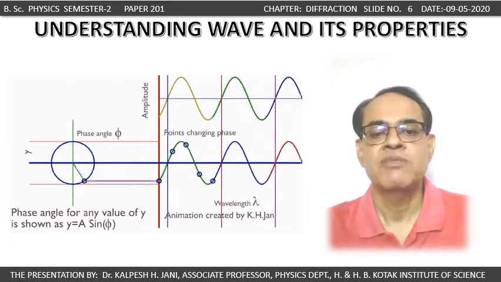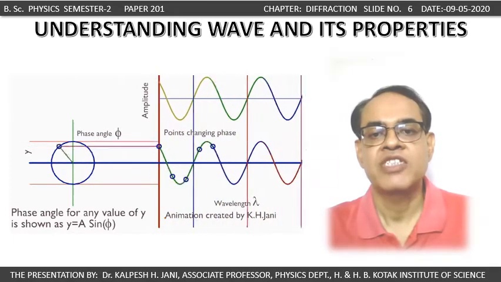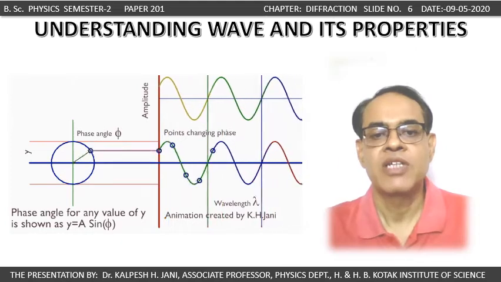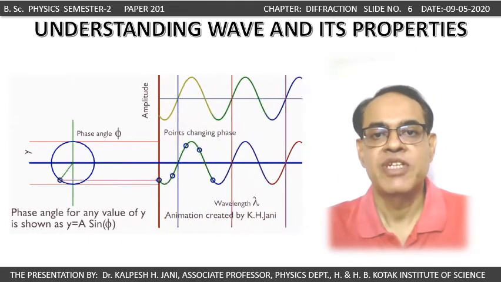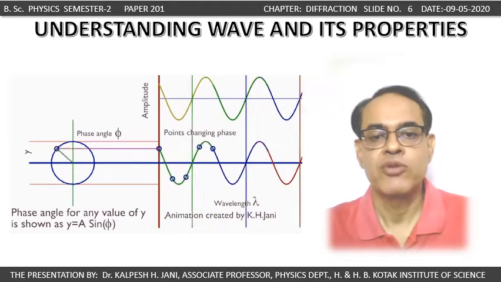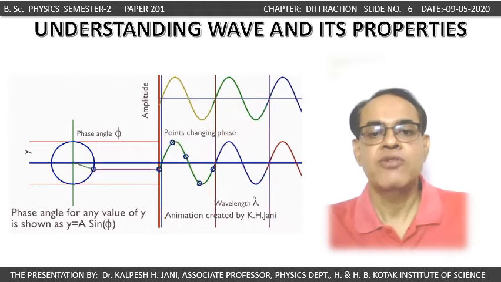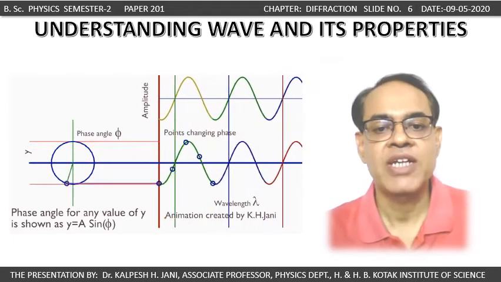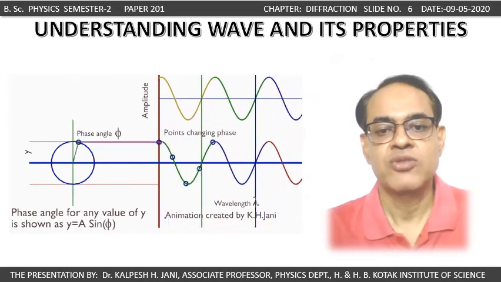Now this may be the case of a transverse wave, something like the waves passing on the medium of a stretched string. So you can consider it as a stretched string, and you can see some points oscillating on the wave here.